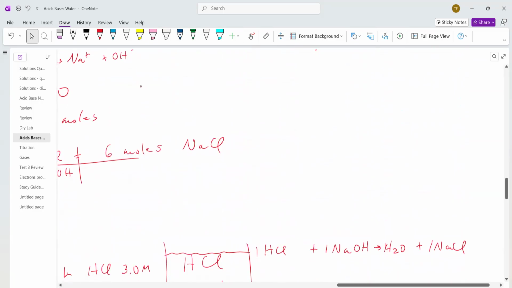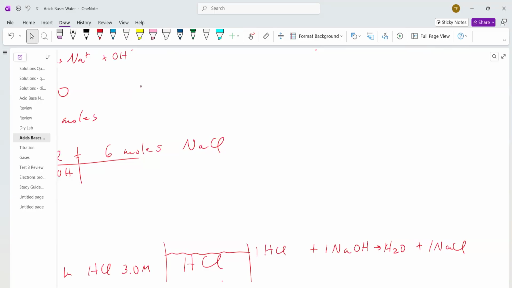So you calculate the moles of each one, see which one's more, and then convert to concentration. We're basically finding out how much is left over. Exactly. Because we had more OHs, that means we had OHs left over.